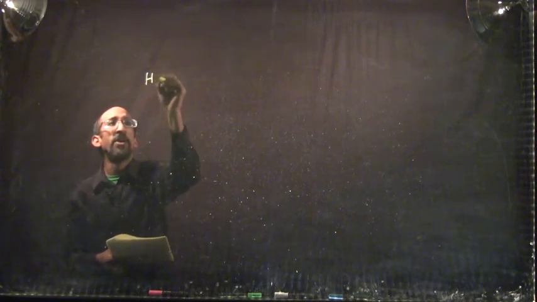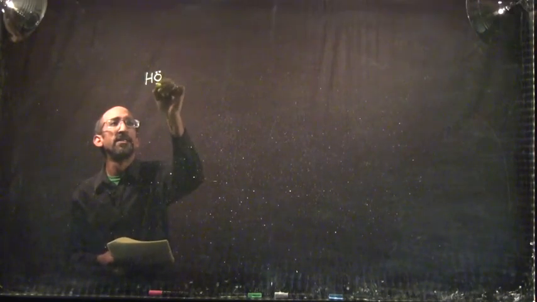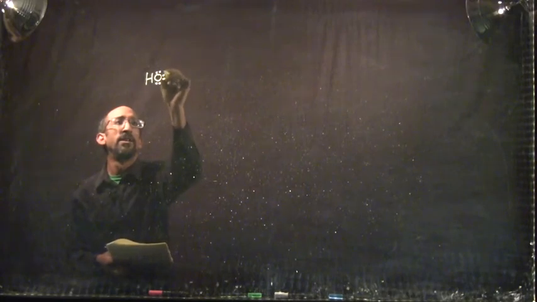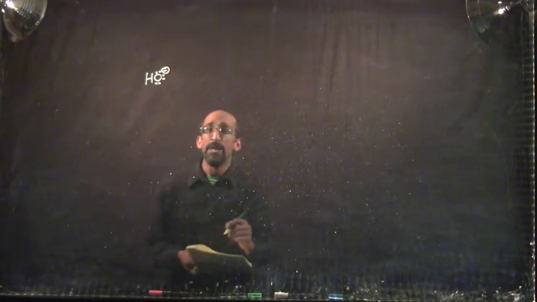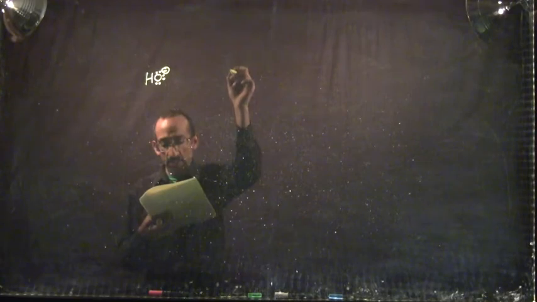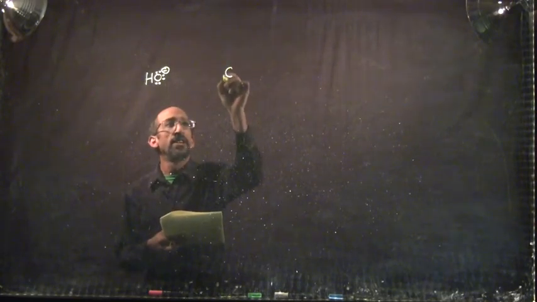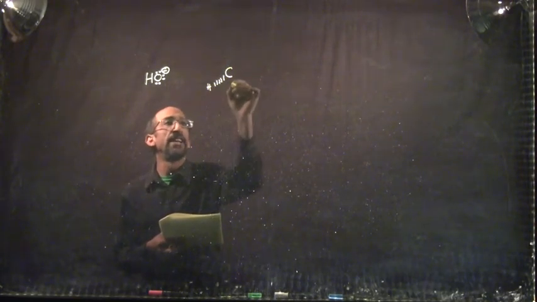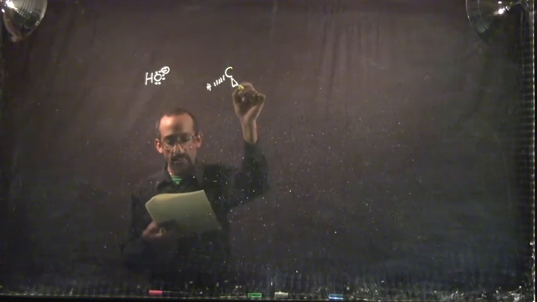So here in my first example, I'm going to use OH minus as my nucleophile, and I'm going to use this alkyl halide as my electrophile.